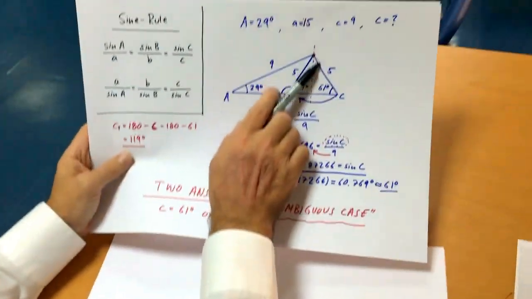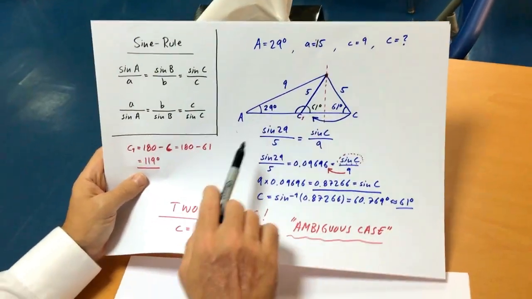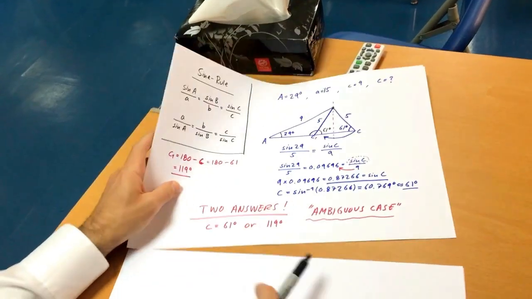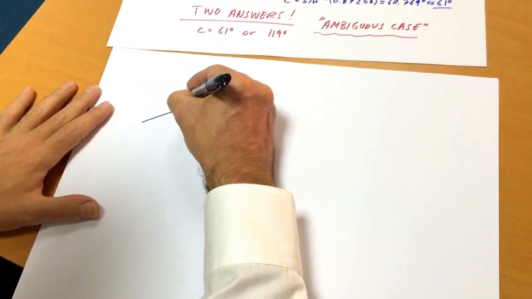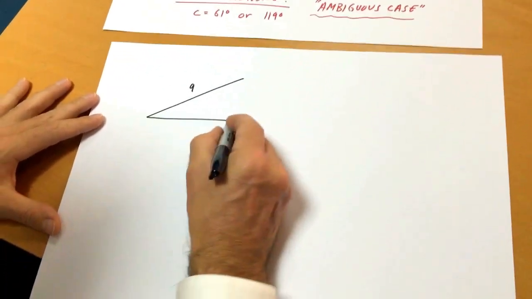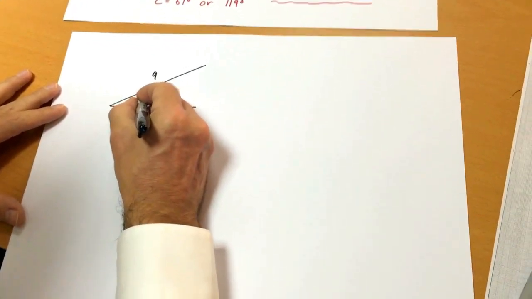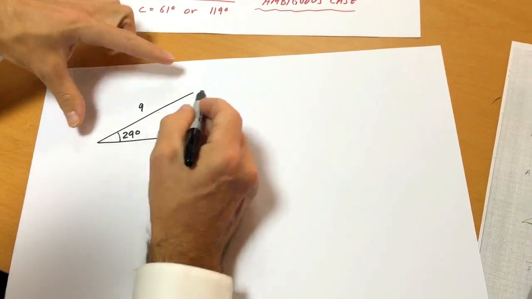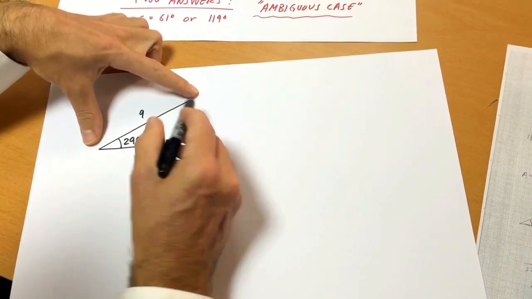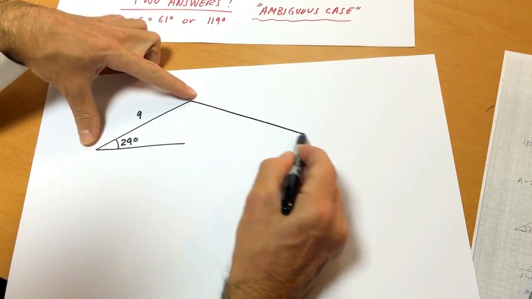That means that this side will be much longer, right? Let's work with that side. So I have c is 9. Here my angle is 29 degrees. I know that my a will be 15, so to make the picture credible, it has to be much longer than the 9. So let's say it goes out there somewhere.